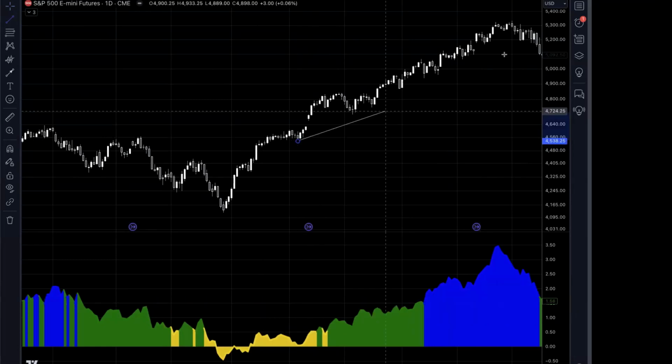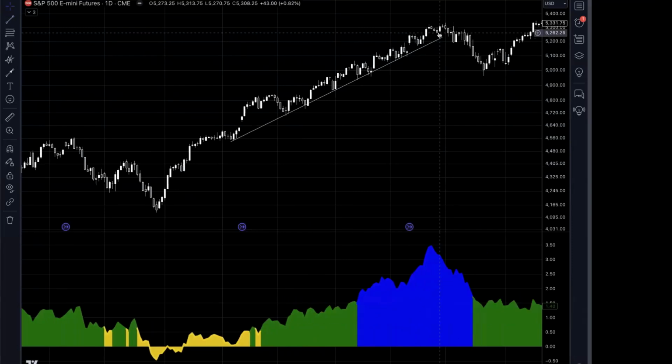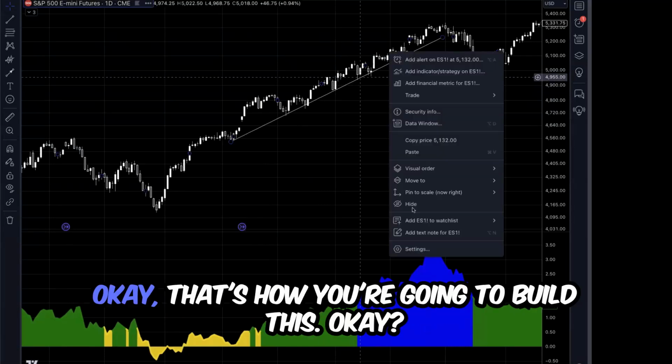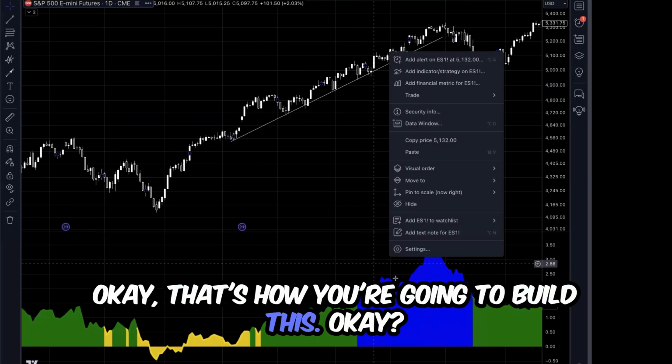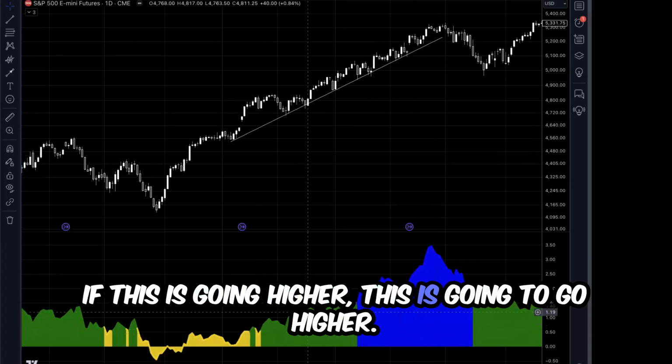Now you can see that the move happened steadily. It's like a big move and then a number of days where it just grinds higher. Big move, pulls back. Okay, that's how you're going to build this. If this is going higher, this is going to go higher.